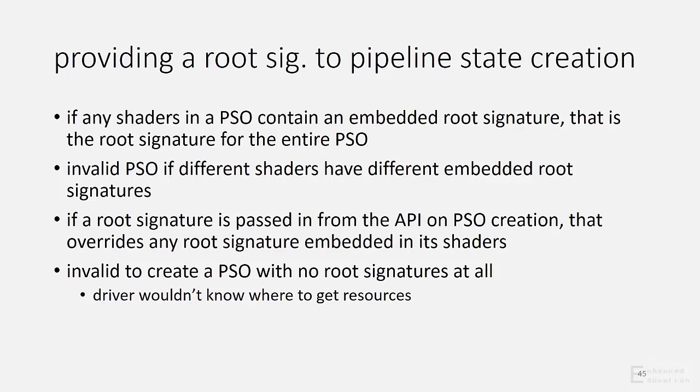But it also means that passing in an explicit root signature allows shaders that don't happen to have any root signature in them already to be used in the PSO creation. What's invalid is to create a PSO with no root signature in any of the shaders, and also not passing one in.